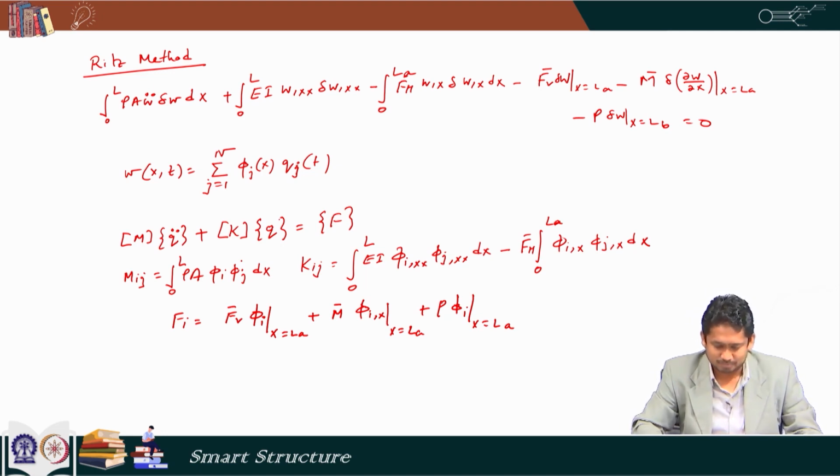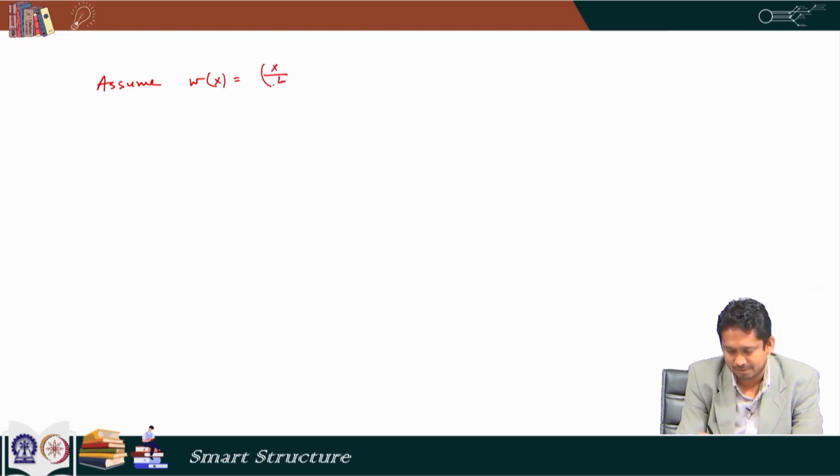Now, if we want to simplify it, let us assume that we have a one term approximation for W, and the approximation is W = (x/L)^3 multiplied by Q1.